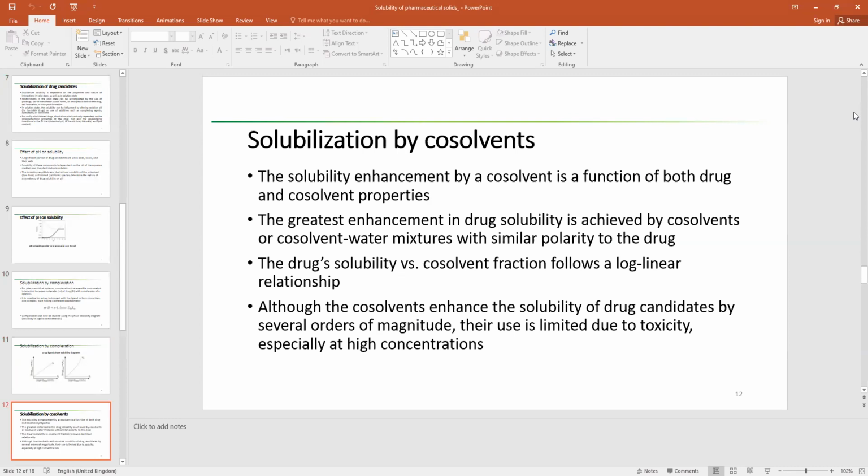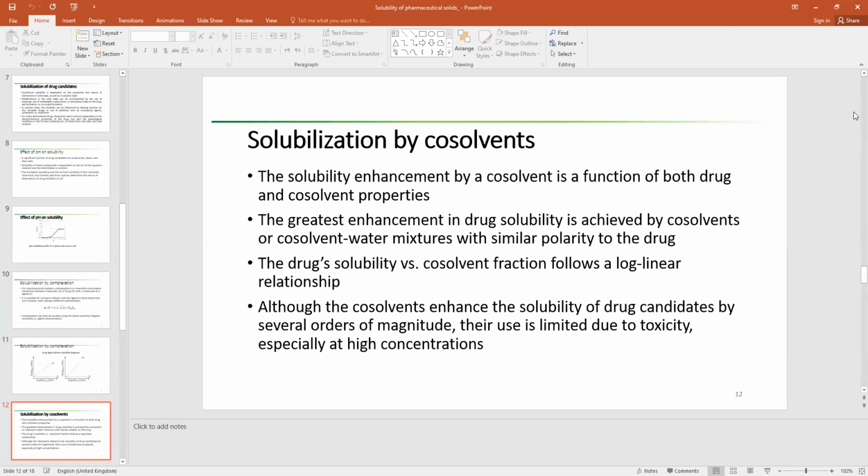Also, we can use co-solvents to enhance solubility. Co-solvent water mixtures with similar polarity to the drug can lead to the greatest enhancement in the drug solubility.